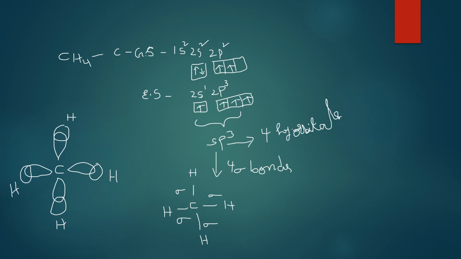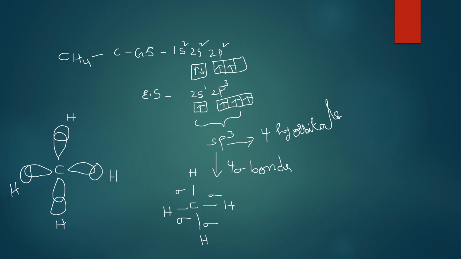In the excited state electronic configuration, only 1 electron is present in the 2s level and 3 electrons are present in the 2p orbital. All these 4 unpaired electrons from the 2s orbital and 2p orbitals get hybridized. One 2s and 3 2p atomic orbitals get hybridized to form 1 plus 3, that is, 4 hybrid orbitals.